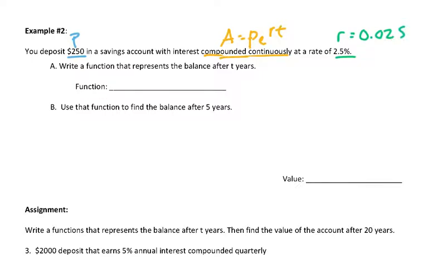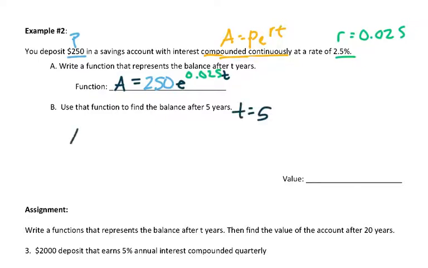Putting that into our function, we know that A is going to equal our principal amount, which is $250, and then our E to the R, which is 0.025, and then the T. Now, of course, they want you to do a T of 5 in this case.